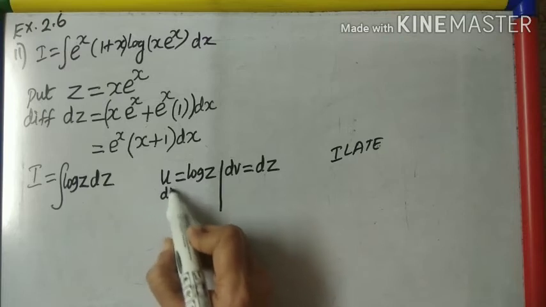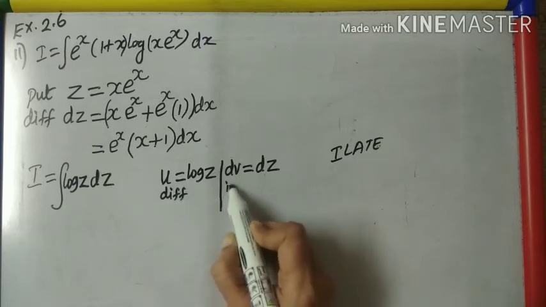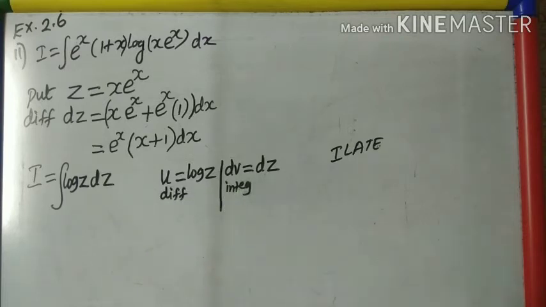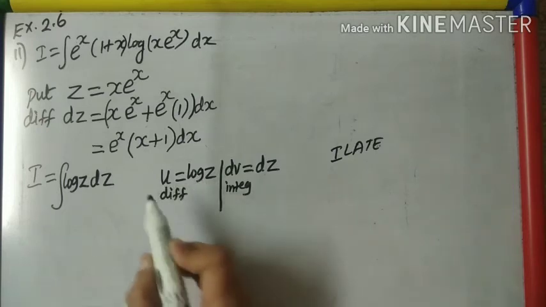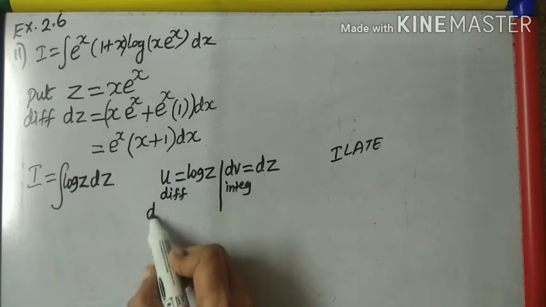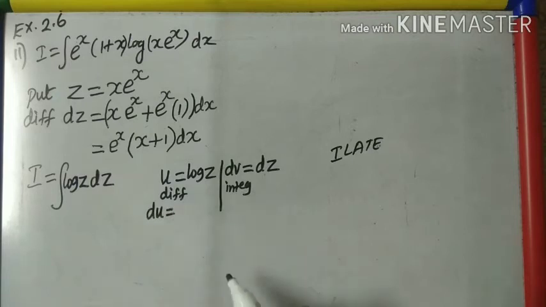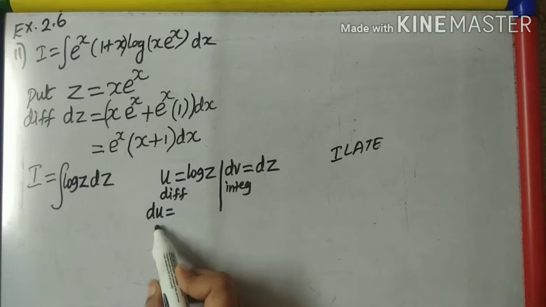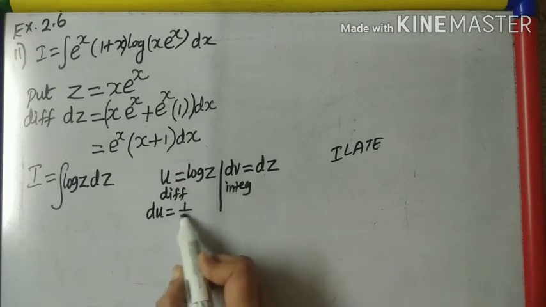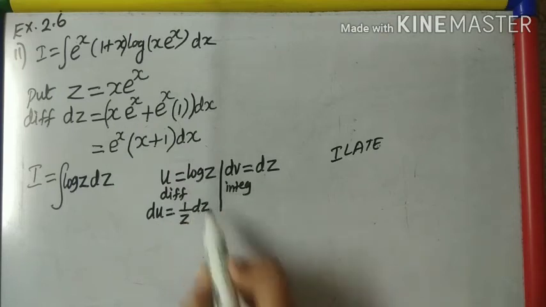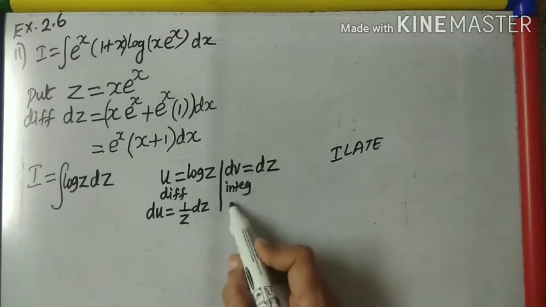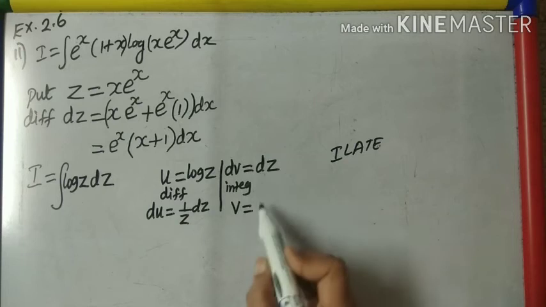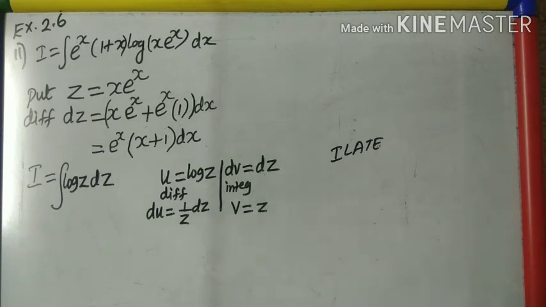Here I will differentiate u and dv I have to integrate. Whenever log is coming, do not write u dash, instead write du. So u will become du, log z differentiates to 1 by z dz. And when I integrate, dv will become v, and dz will become simply z.